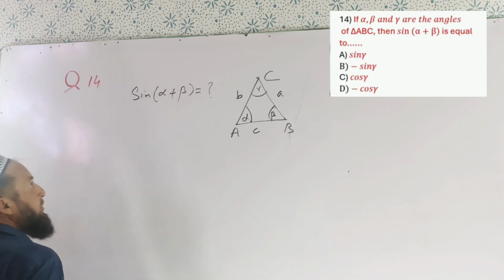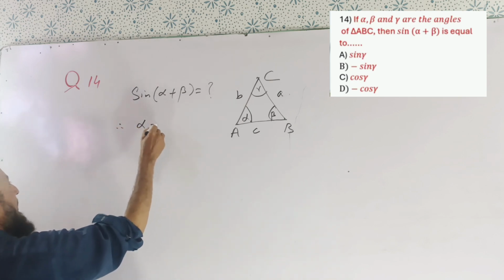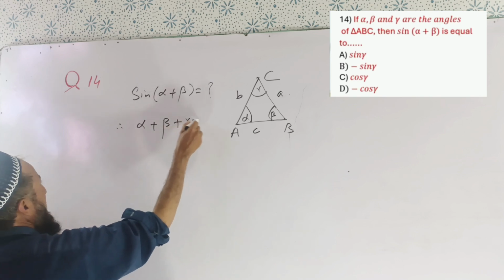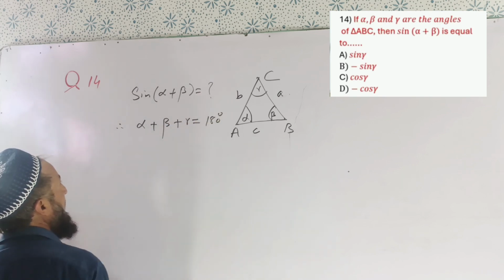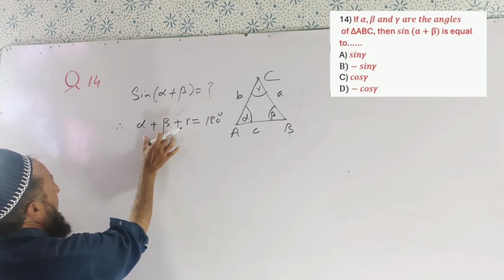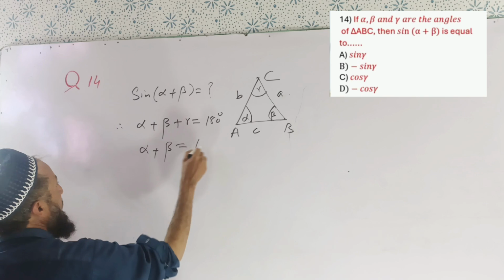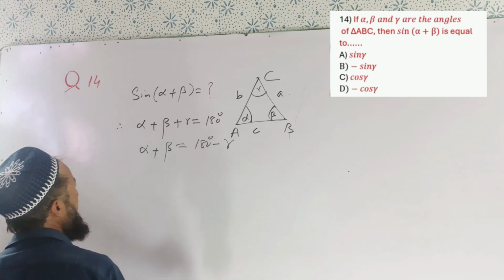There are two methods we are applying here. Always we know that the sum of all the three angles must be equal to 180 degrees. So alpha plus beta is equal to 180 degrees minus gamma.